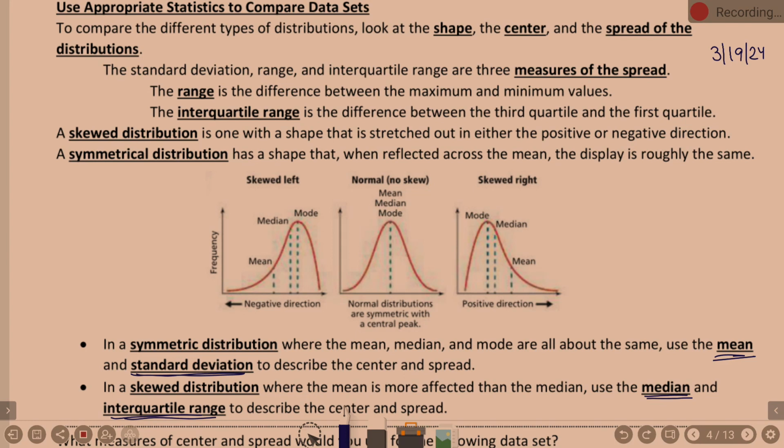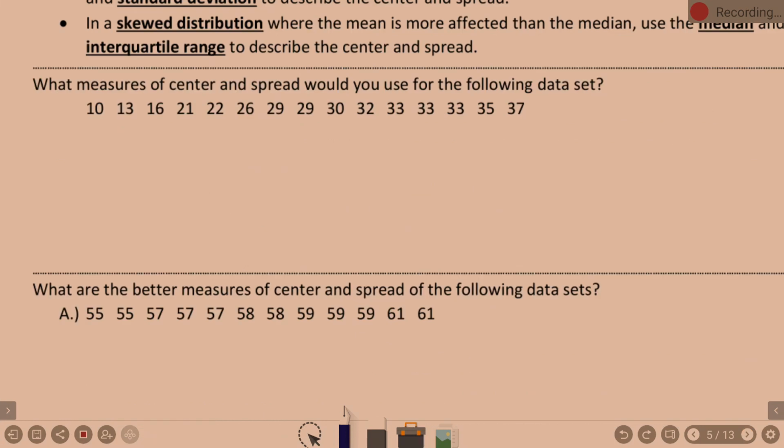In order to decide which set to use, we need to look and see what the data is doing. The easiest way to do that is to find mean, median, mode. Are they all about the same? Are there some differences? That's what we're going to start off doing, finding our mean, median, and mode here.